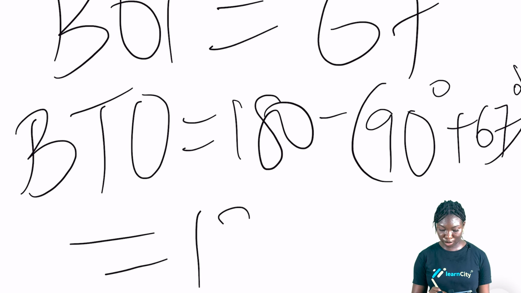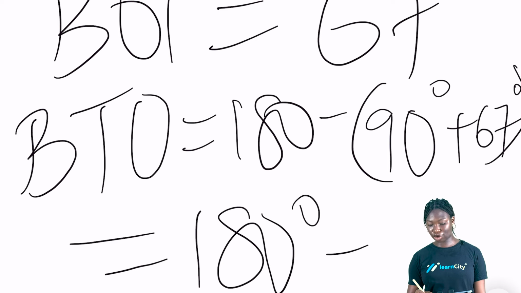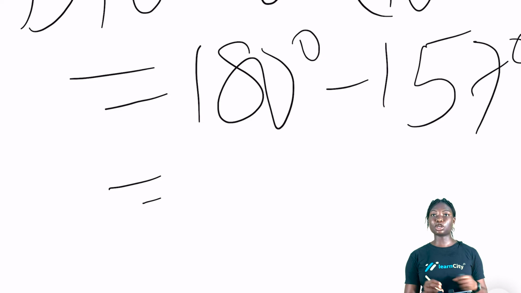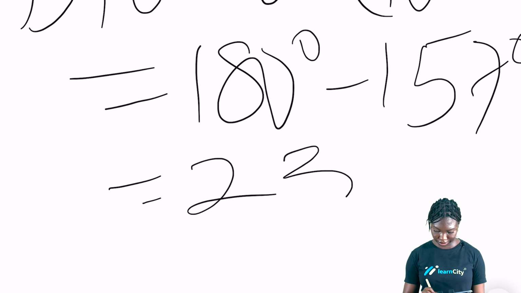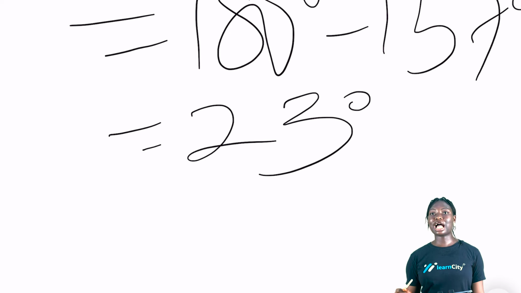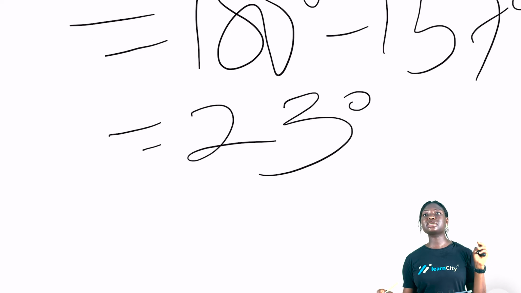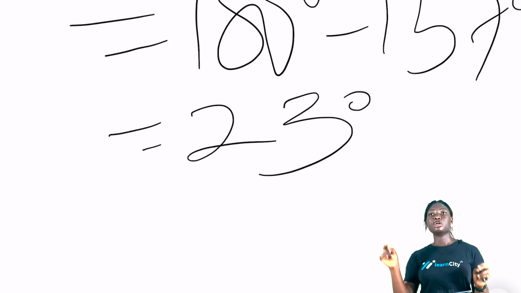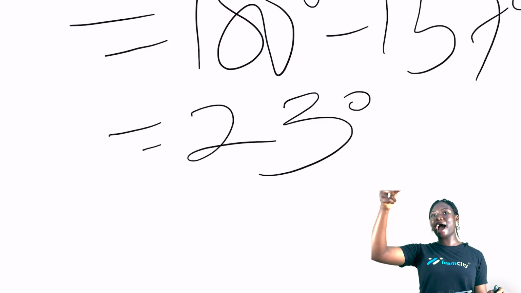So we have 180 degrees minus 157 degrees, which gives us 23 degrees. Similarly, we have BTO to be 23 degrees, and ATO will also be 23 degrees, by symmetry, at the angle at T.